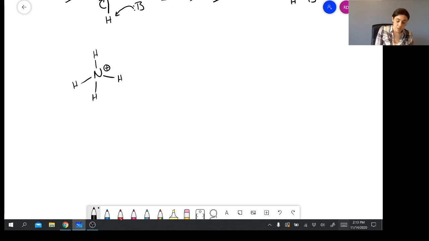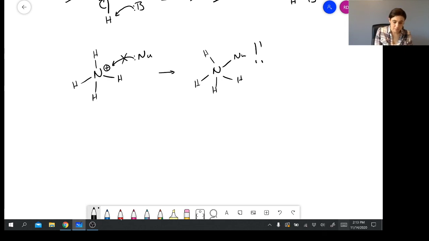It's sharing all of its electrons. So if you have something like a nucleophile, and we often indicate this as Nu, this cannot come in. What that would do is produce a nitrogen with 5 bonds. Yikes, right? So that cannot happen.